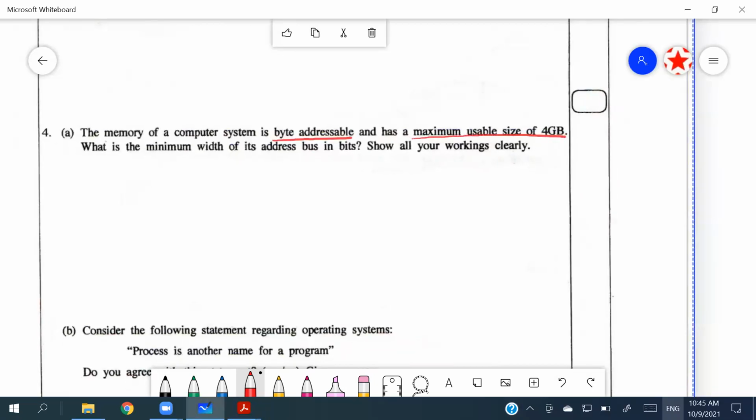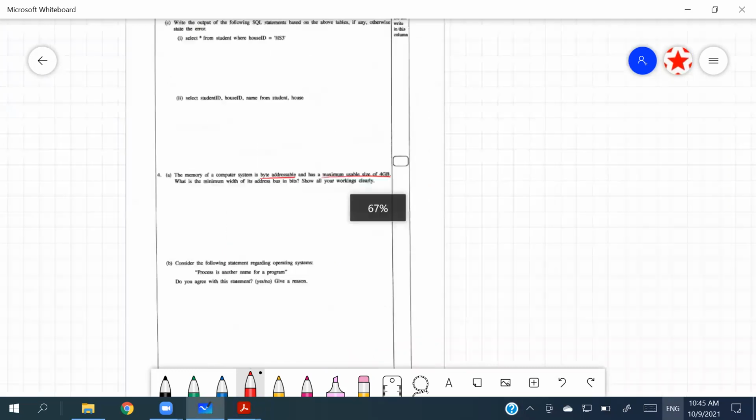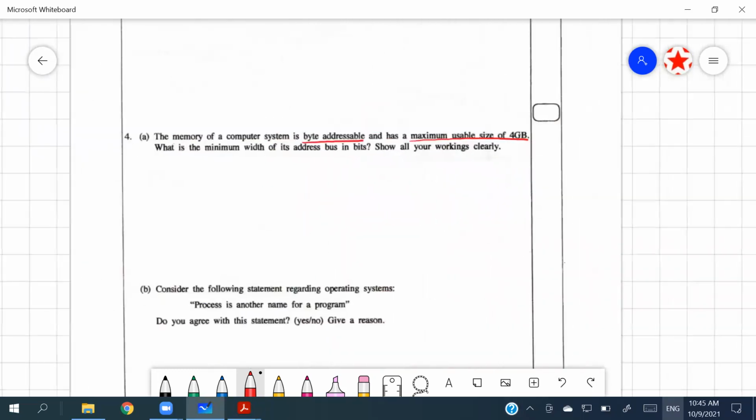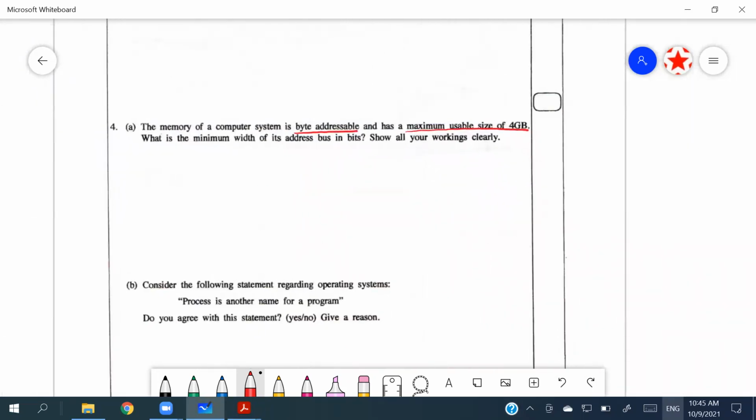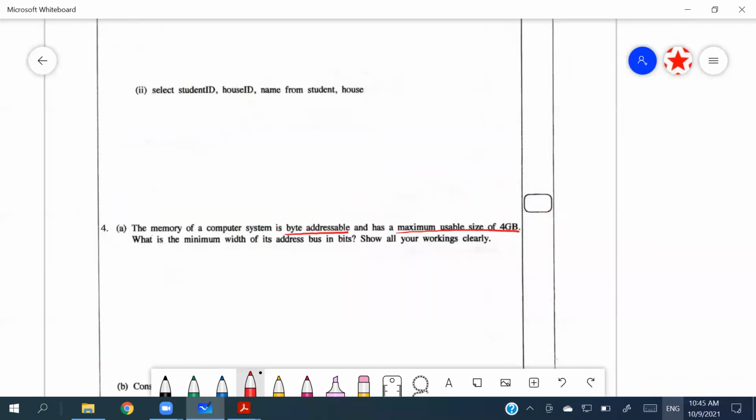So what we can say here is, maximum usable memory equals 2 to the power total bits in memory address.